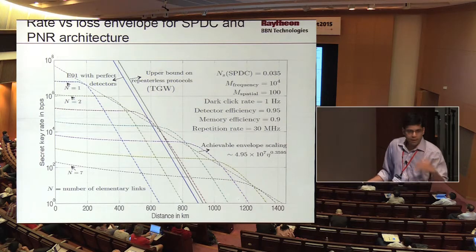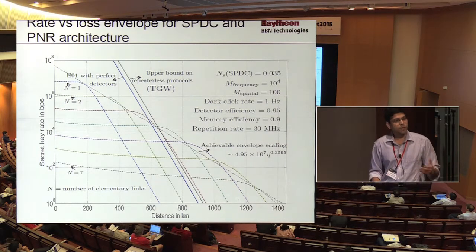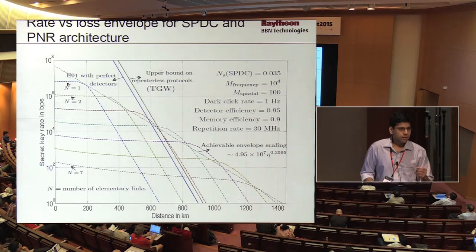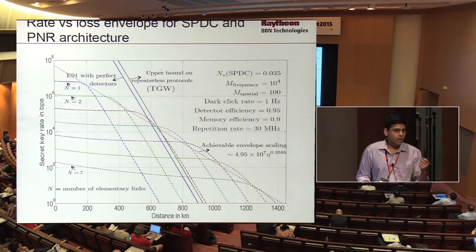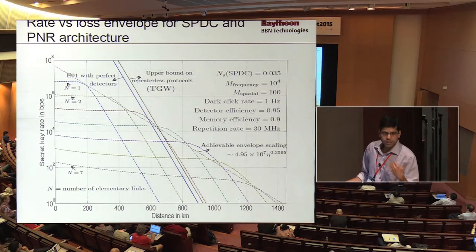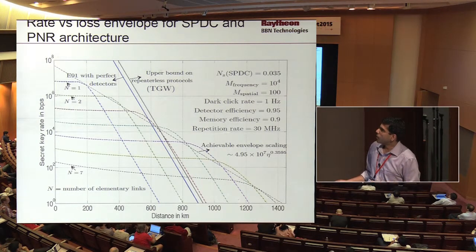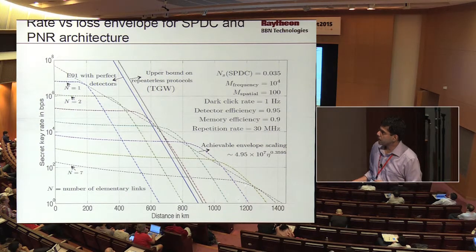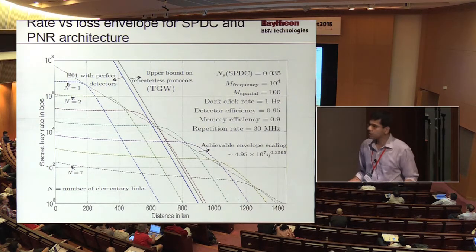So then you get back the rates if you can improve the multiplexing by a factor that's proportional to your P1 squared, actually. If you can multiplex even higher, then you can get back rates that look pretty much the same as those for the deterministic sources.